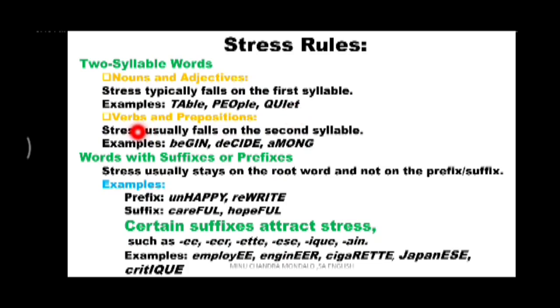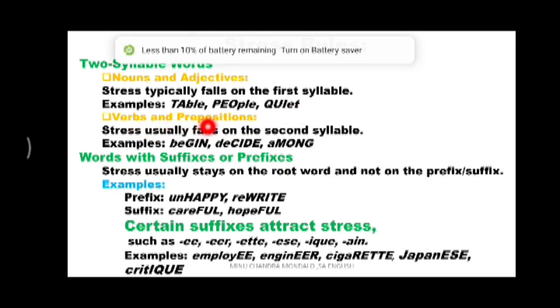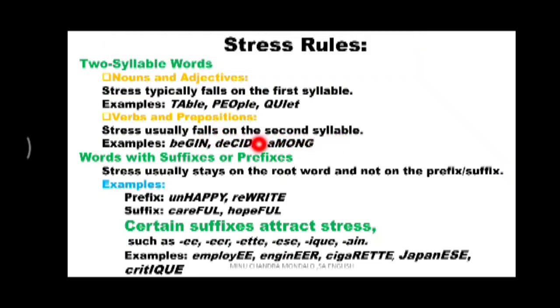If the words are verbs and prepositions, then the stress usually falls on the second syllable. For example, begin. The word begin is a bisyllabic word and it is a verb. So the stress will fall on the second syllable, gin. We can say begin. Similarly, decide. The stress will fall on the second syllable, cide.